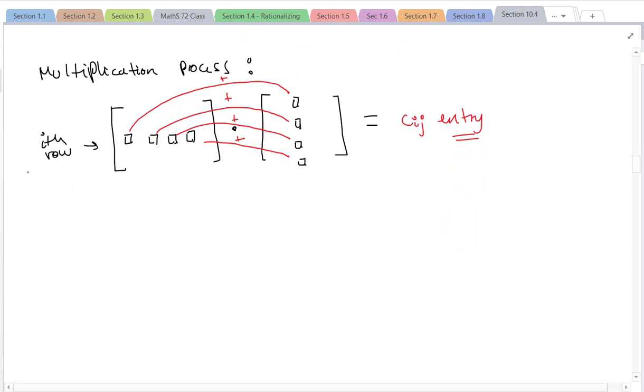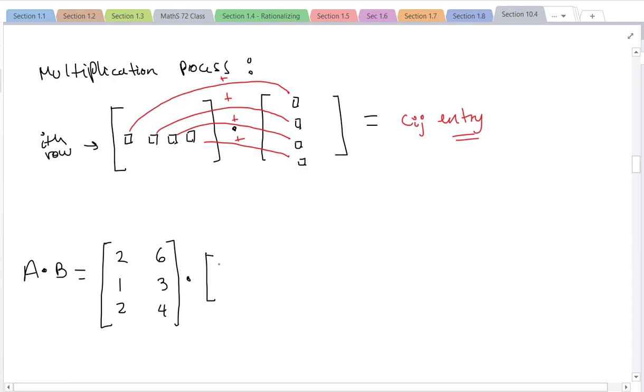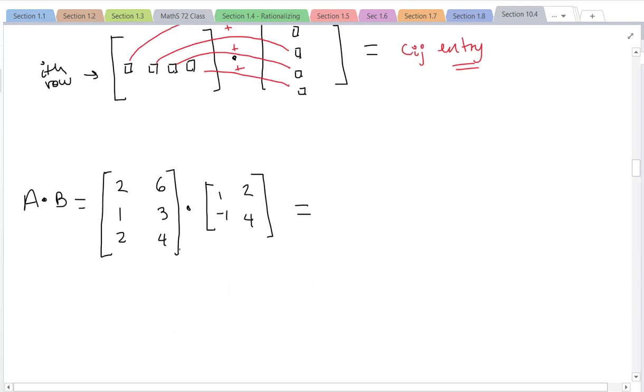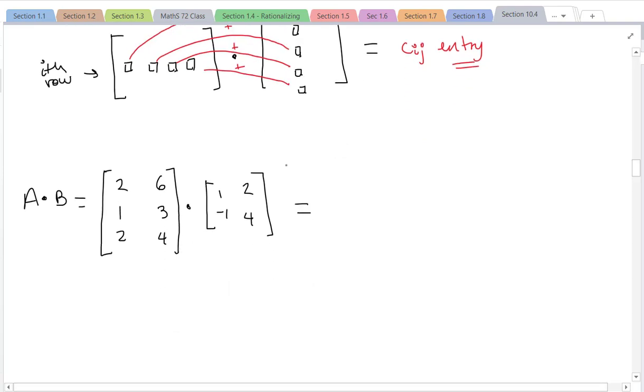So for our example, A times B is the matrix A, so I'm going to rewrite it. So 2, 1, 2, and 6, 3, 4 times the matrix B, which was a 2 by 2, 1, negative 1, and 2, 4. So we're going to get a 3 by 2 matrix. So let's do the product.